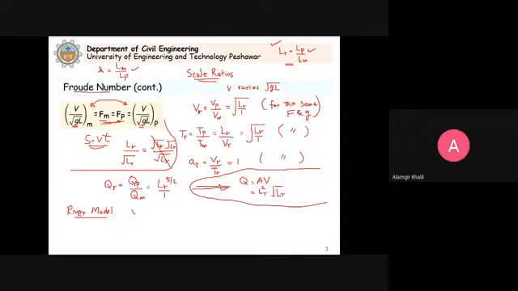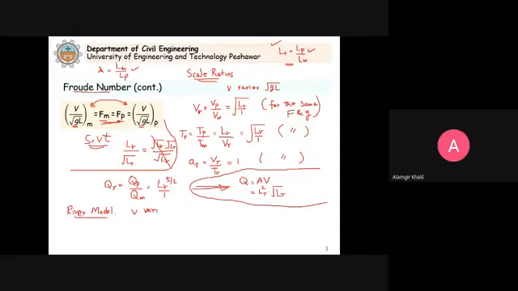For river models, we usually need to use an enlarged vertical scale to provide the model with adequate depth. Clear? So we often use enlarged vertical scales in models of large water bodies such as lakes, reservoirs, etc. Clear? So now in that case, what will happen is that this V will vary.